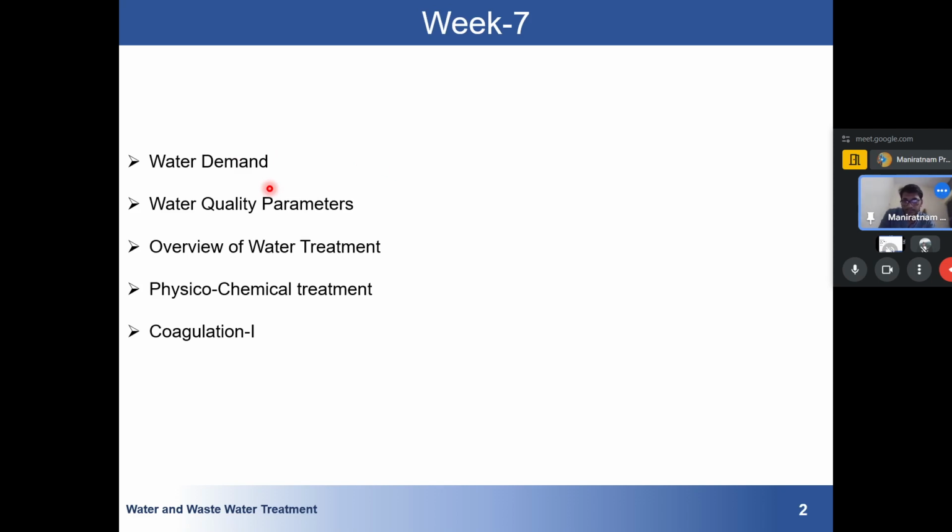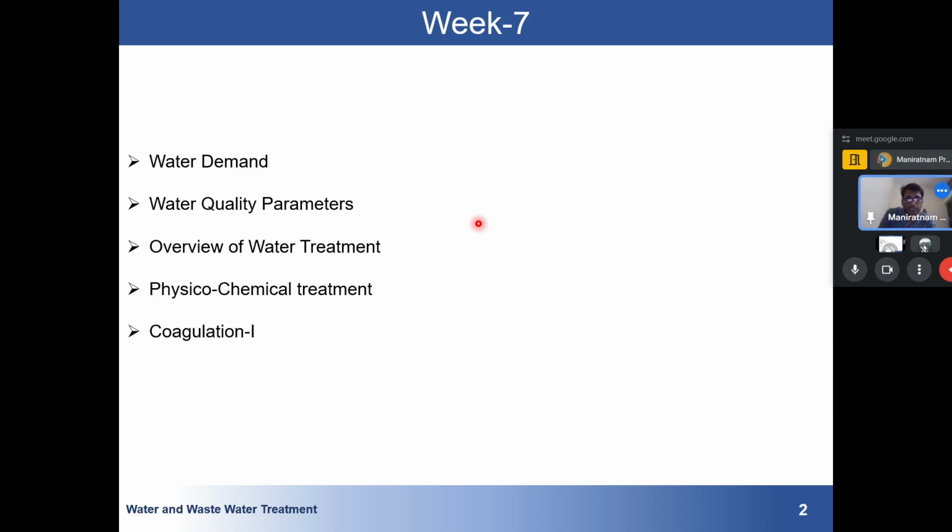Then we discussed the water quality parameters, such as alkalinity. We follow the IS code, that is 10500 2012. Whenever water is being supplied to any household or any society or any location, it should meet some water quality parameters.